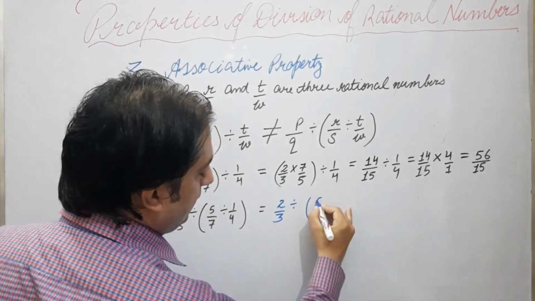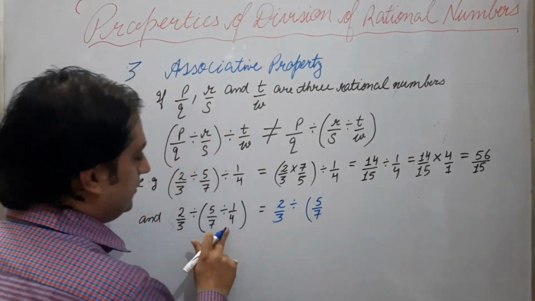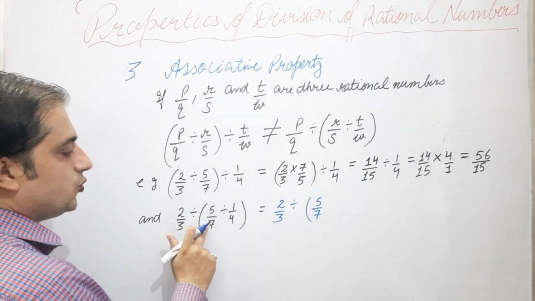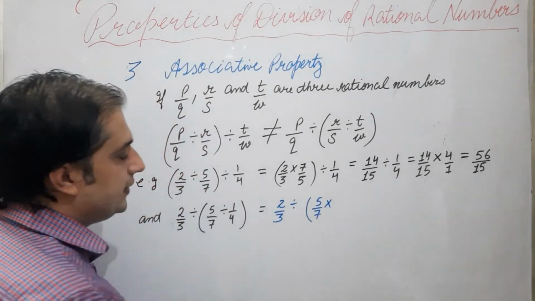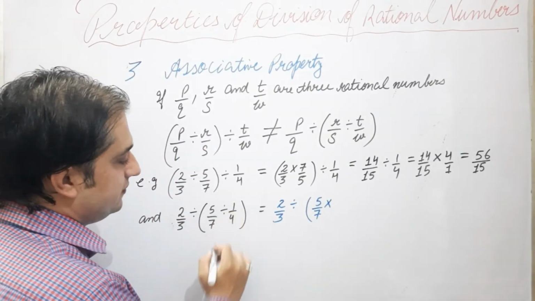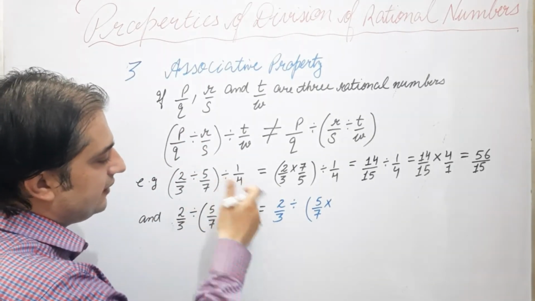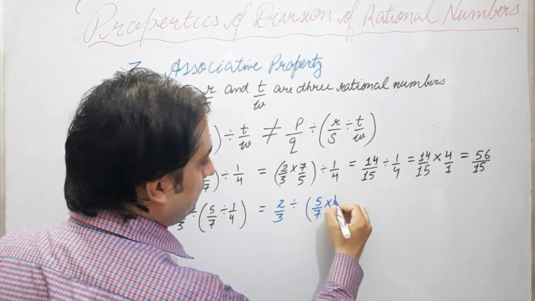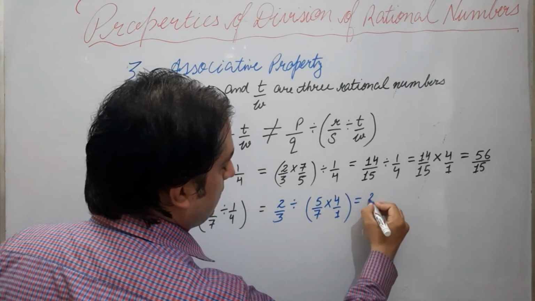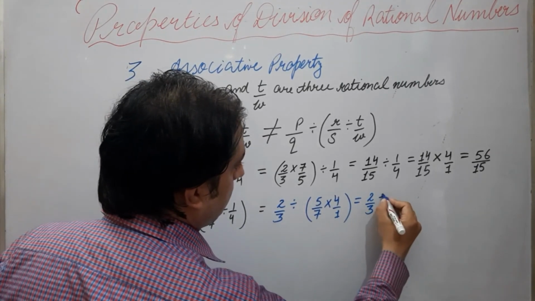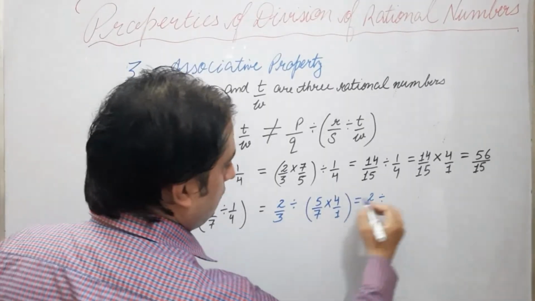So you take 5 by 7 as it is. This number is supposed to be divided by 1 by 4, but you multiply it with the multiplicative inverse. What is the multiplicative inverse of 1 by 4? That is 4 by 1, right. So 2 by 3 as it is, divided by the result.